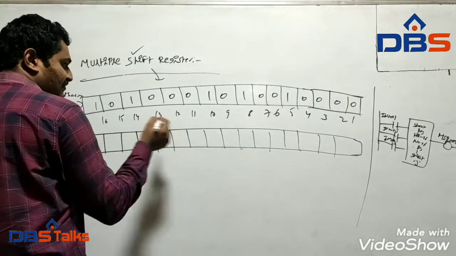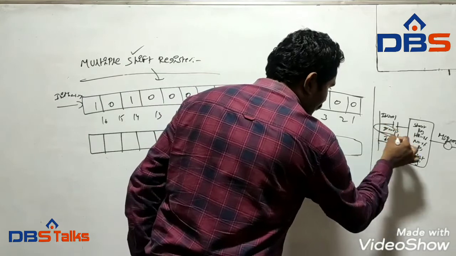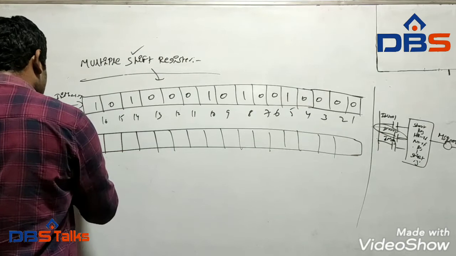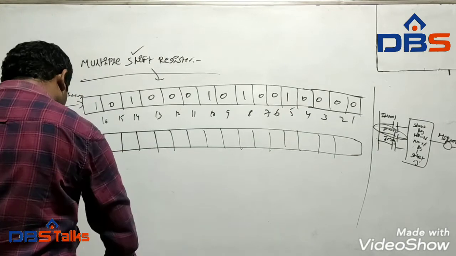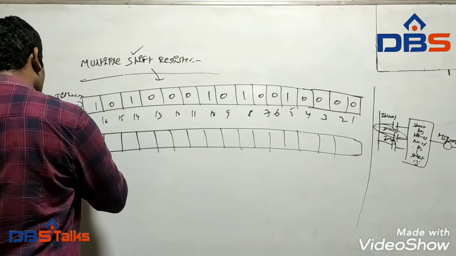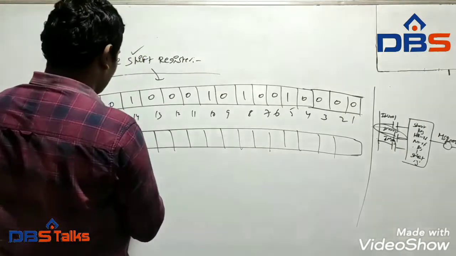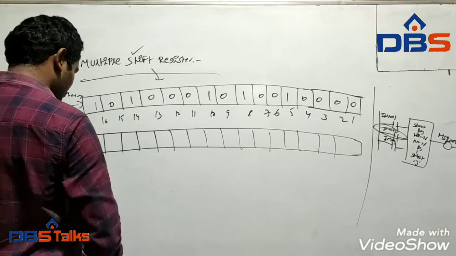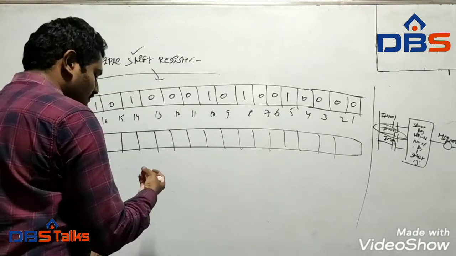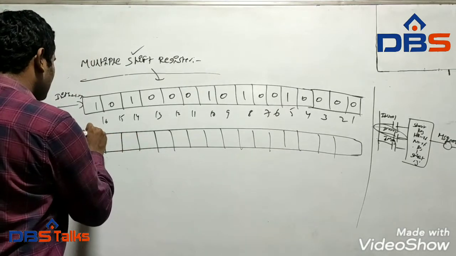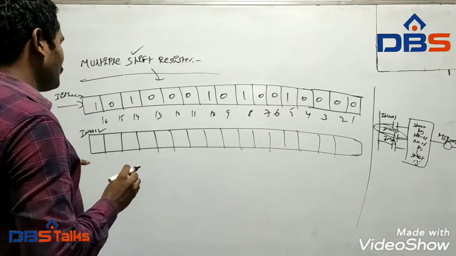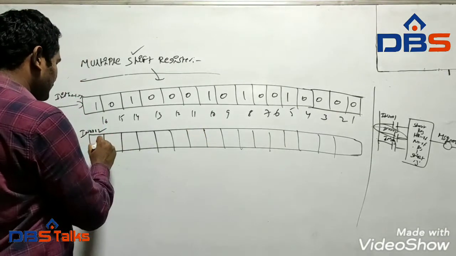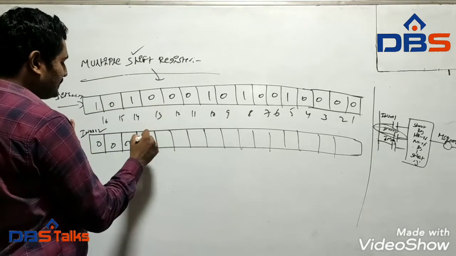If this input is open, then MSR 0080 and IN 008. If the switch is open, we have to enter 3 zeros at a time. We enter 3 zeros, and after that we have to enter these terms.